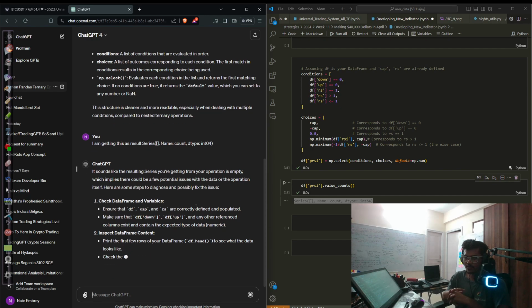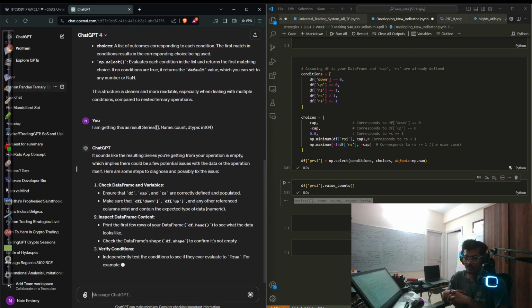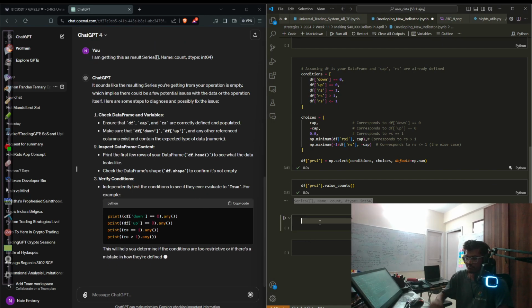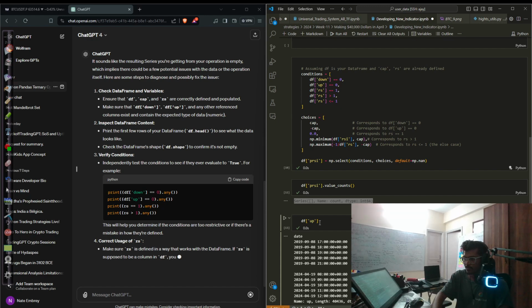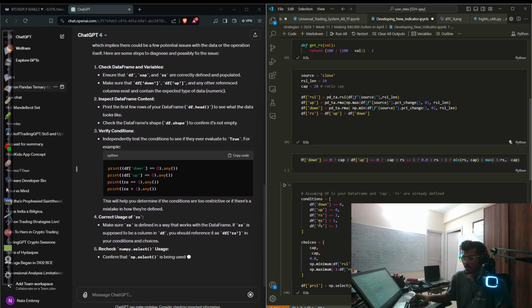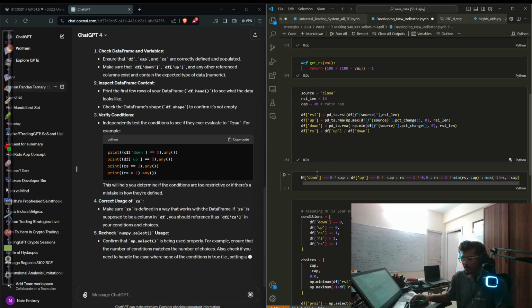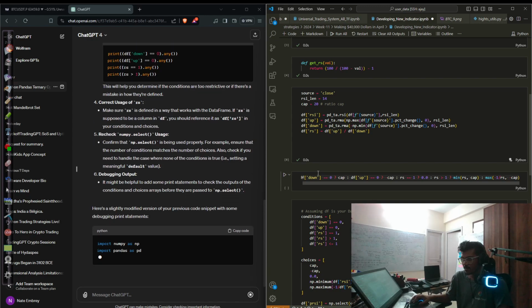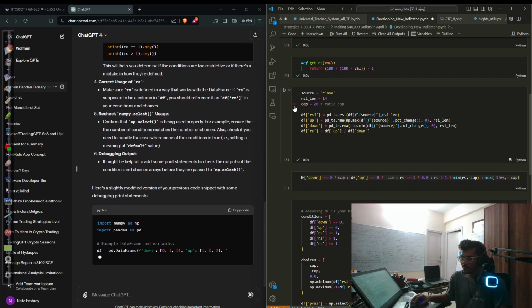Here are some steps to diagnose and possibly fix this. Check data frames, up, down. Up is none? Are you kidding me? How come up is none?